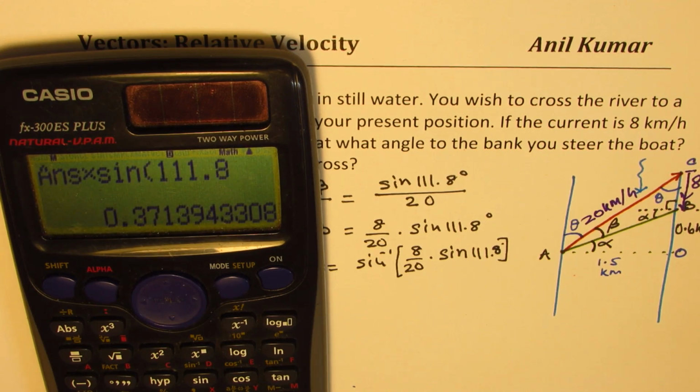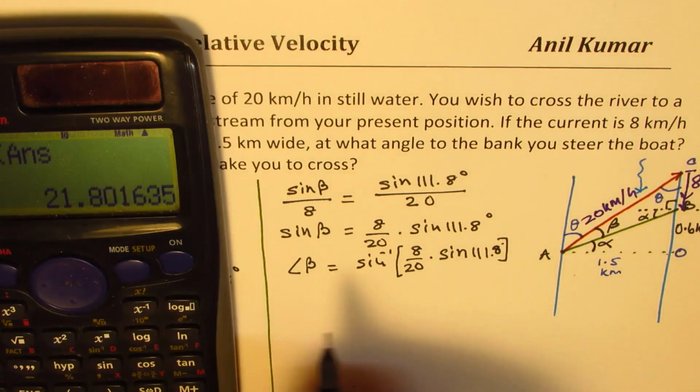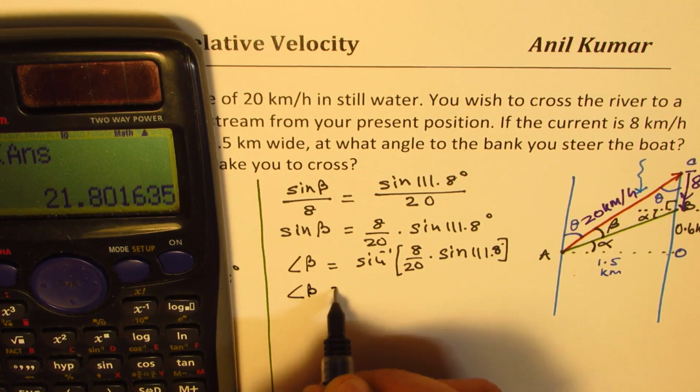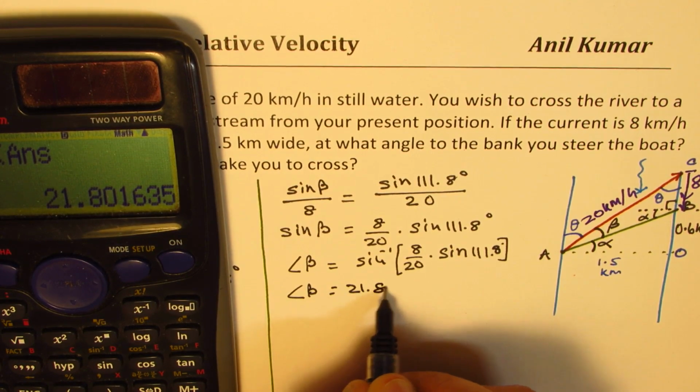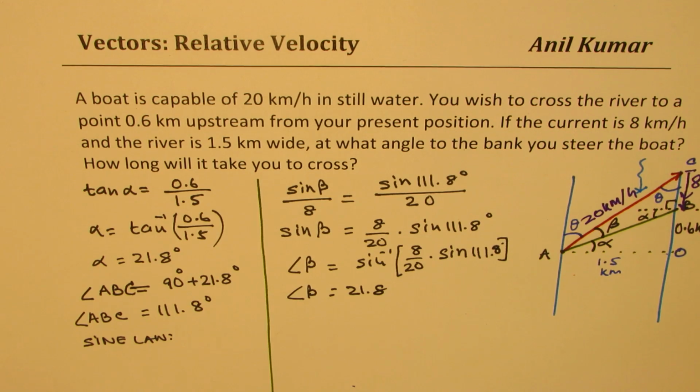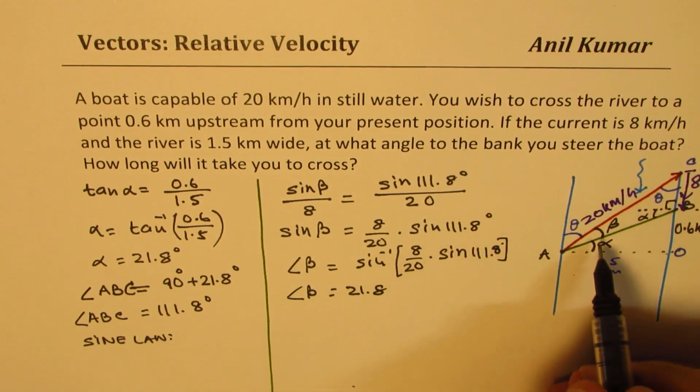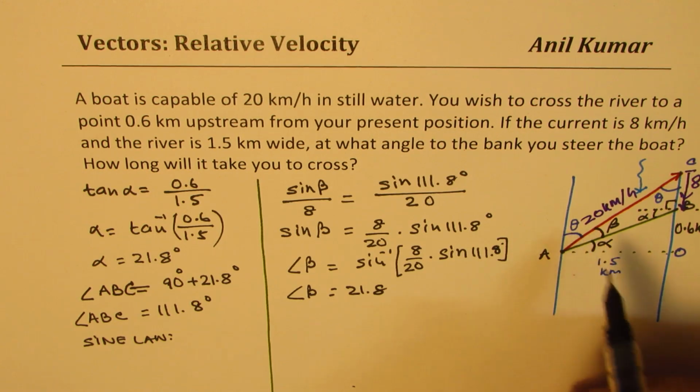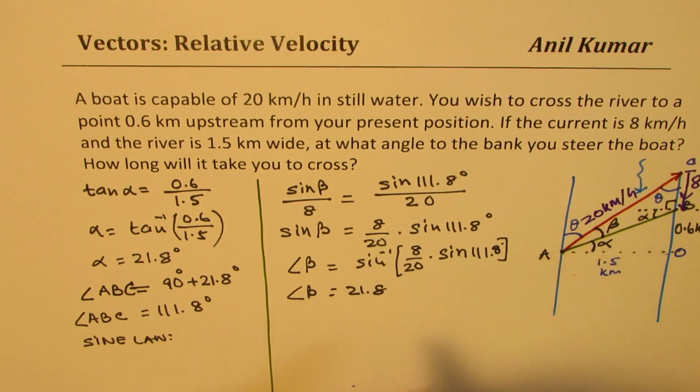And we'll find sine inverse of this number. Shift sine inverse of our answer is equal to, and we get here angle beta equals 21.8. So that is also 21.8. Okay. Now, since we know these two are 21.8, we can find what theta is, right? So this is also 21.8.